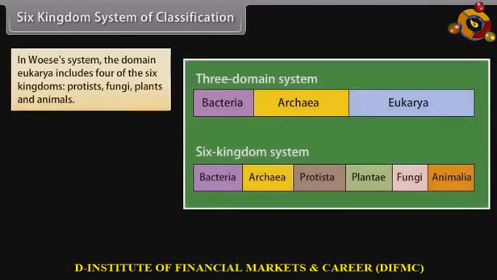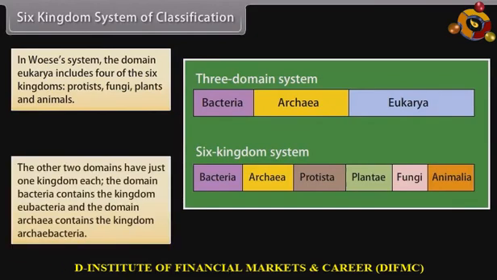In this system, the domain eukarya includes four of the six kingdoms: protists, fungi, plants, and animals. The other two domains have just one kingdom each. The domain bacteria contains the kingdom Eubacteria, and the domain archaea contains the kingdom Archaebacteria.